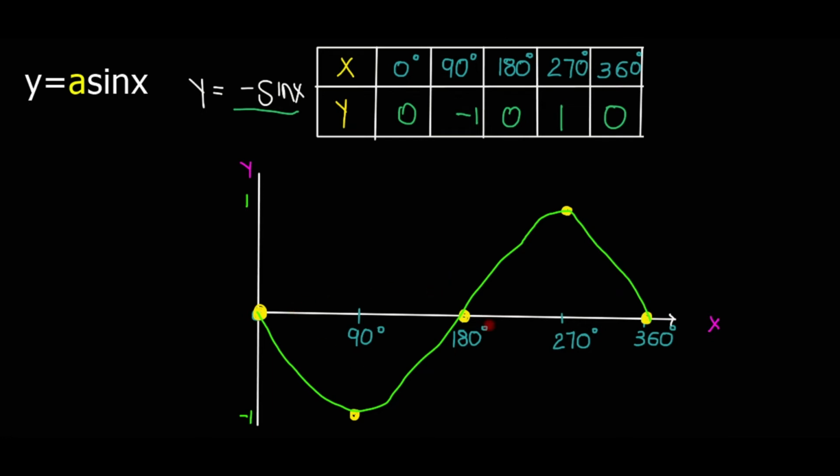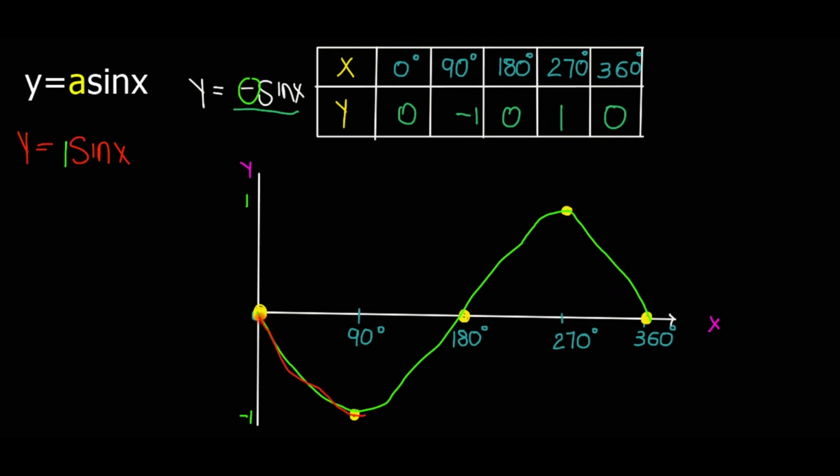And then looking at this shape, you can see the difference between this shape and the previous one, y is equals to sin x. There, we have a value of a which is positive, and now we have a value of a which is negative. Now we can see that our graph, because this value of a is negative, starts by going negative.